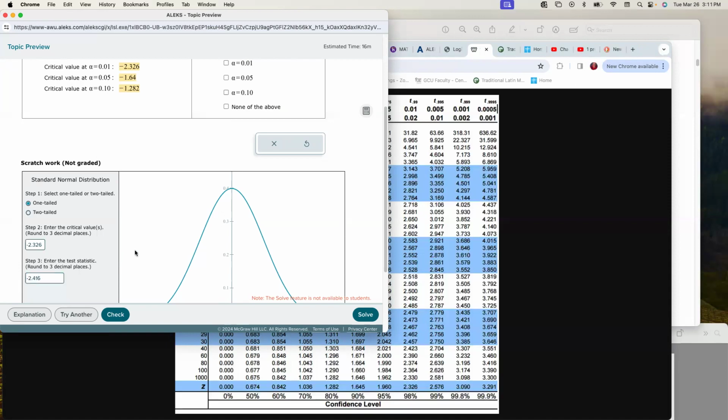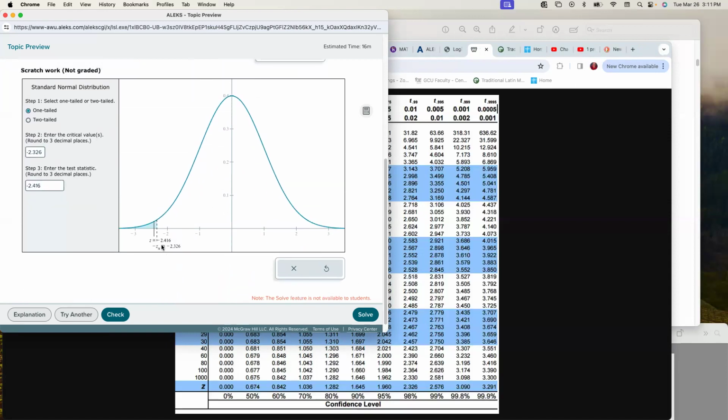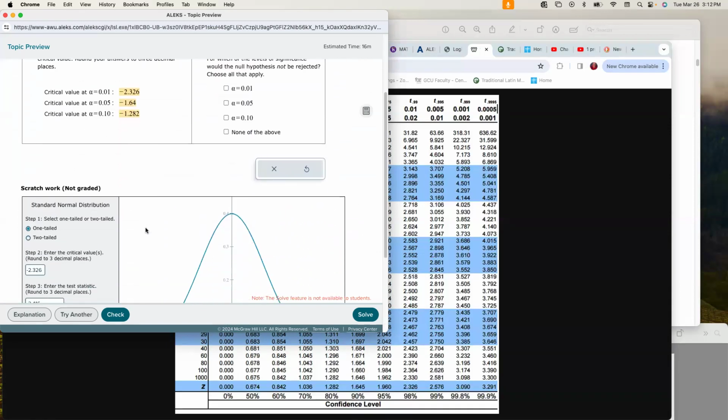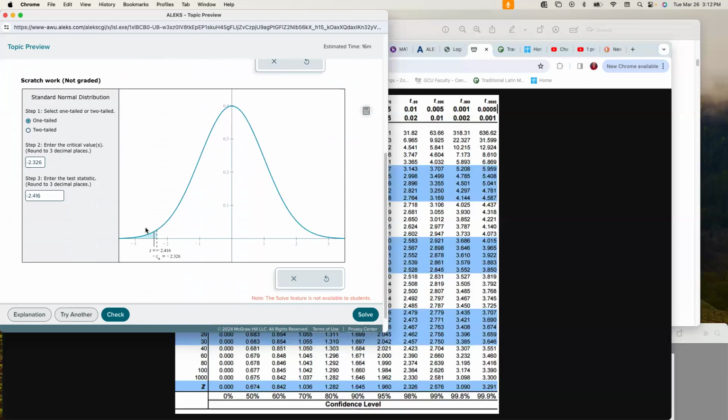If I typed all those in, this is just going to give us a visual here. And you could see right here that the value for my test statistic, z, negative 2.416, is less than the critical value. I don't know what it is, but it'd be the area to the left of that, and the area to the left of this tail right here is going to be 0.01.